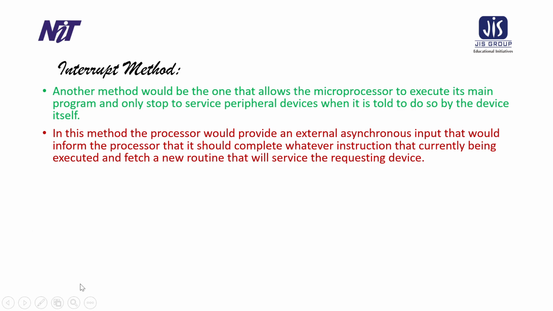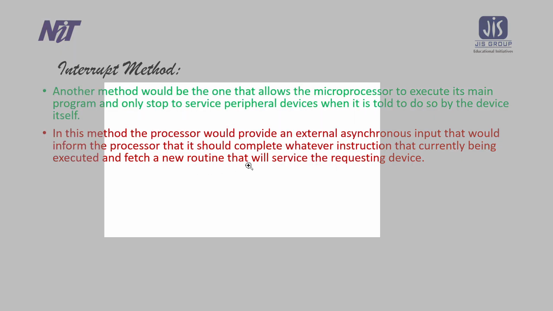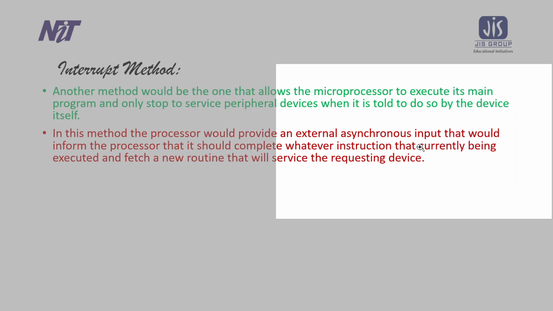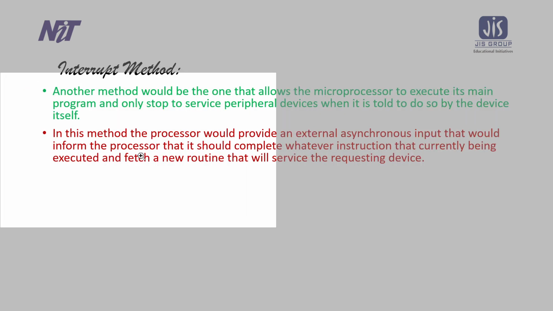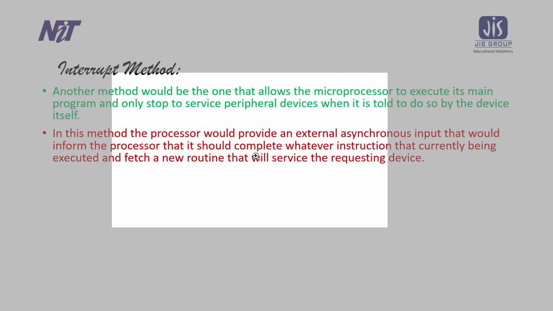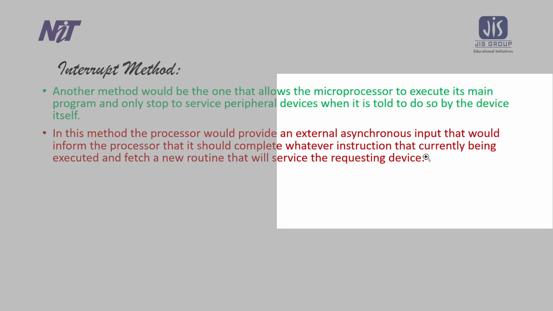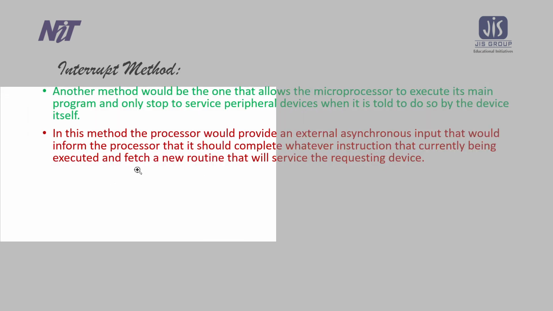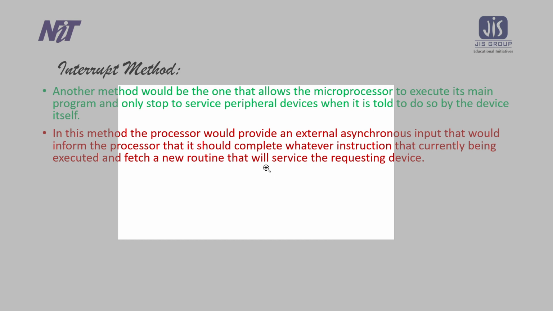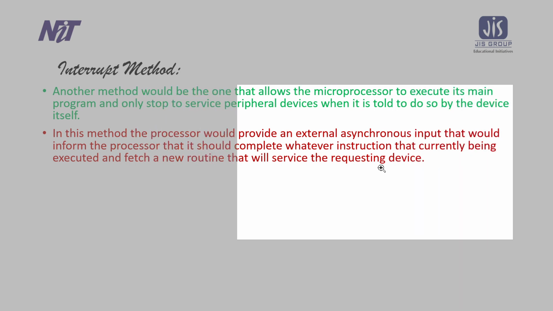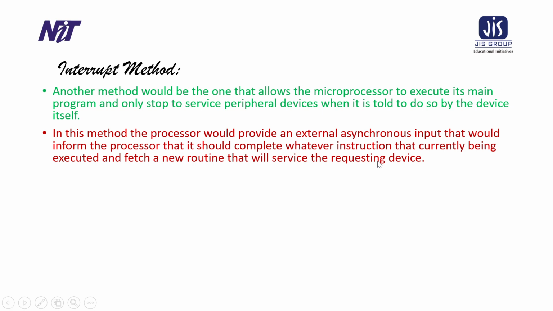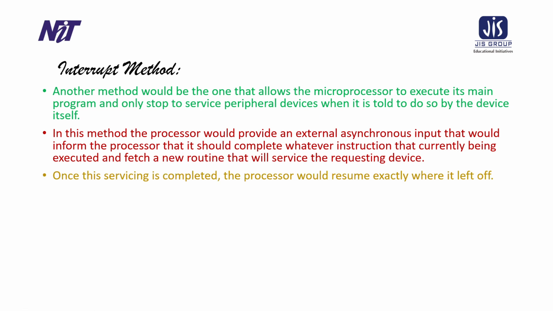In this method, the processor would provide an external asynchronous input that would inform the processor that it should complete whatever instruction is currently being executed and fetch a new routine that will service the requesting device. Once this servicing is completed, the processor would resume exactly where it left off. This method is called the interrupt method.